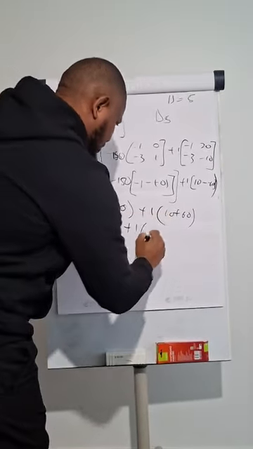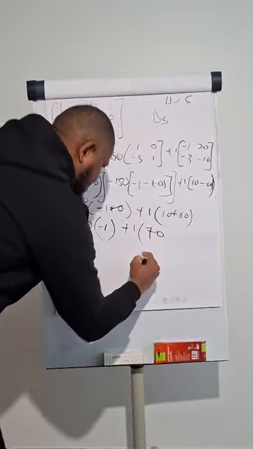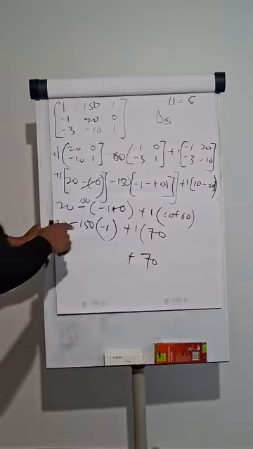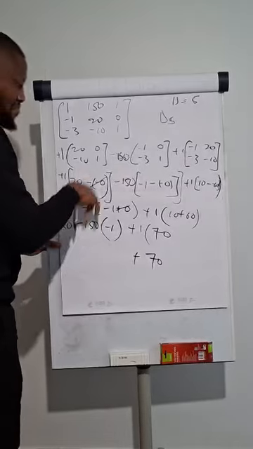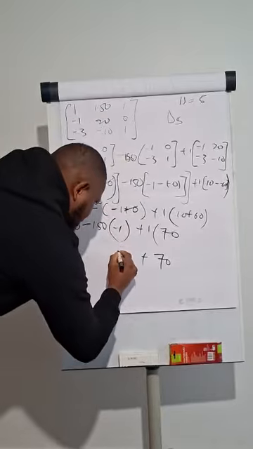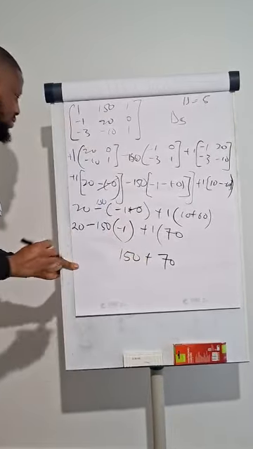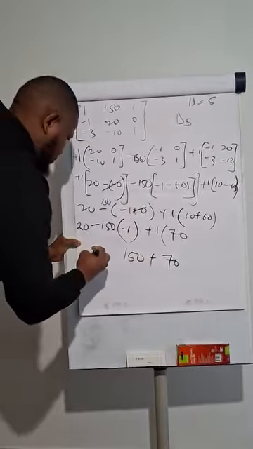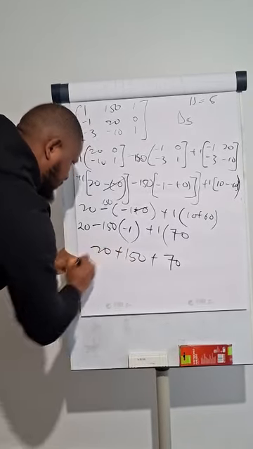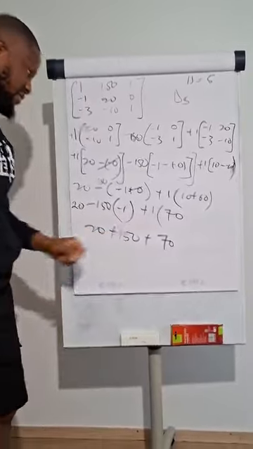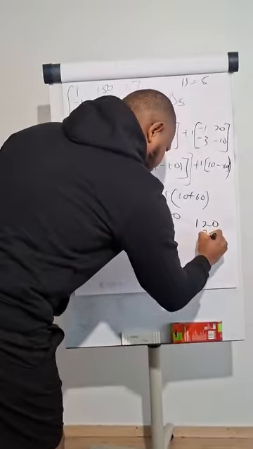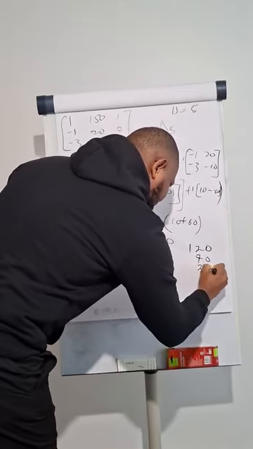10 plus 60 is 70, so this remains 70. Minus 150 multiplied by minus 1 is positive 150. Then we have 20. So we have 150 plus 70 plus 20.